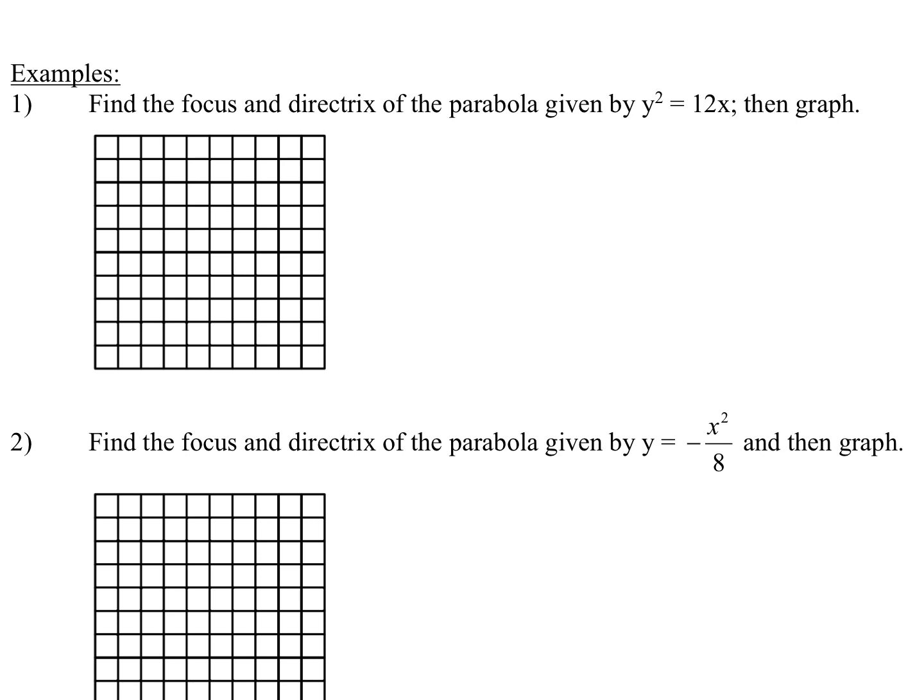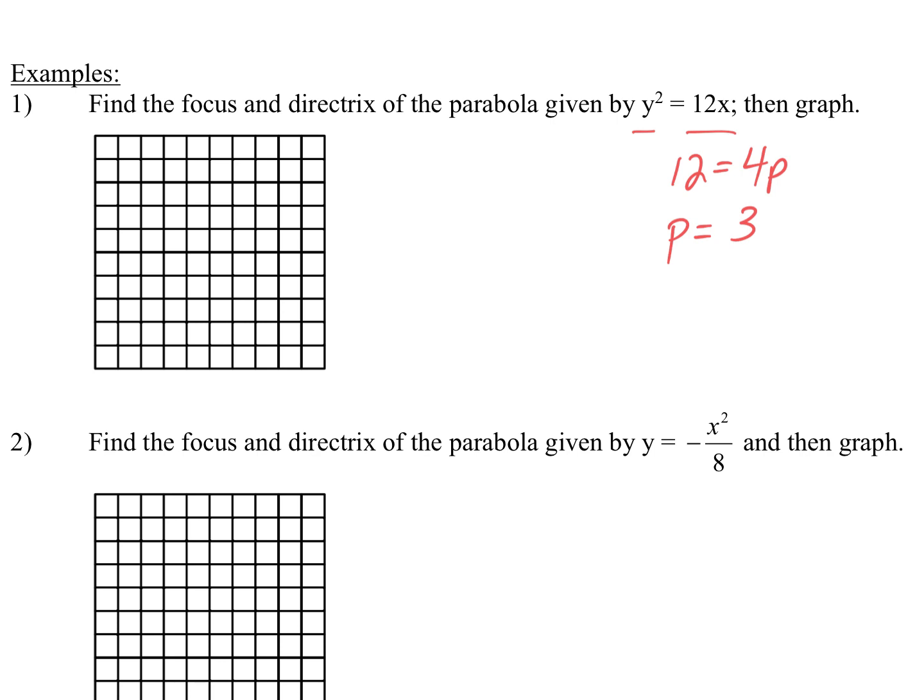What we like about this formula is that we have our y squared by itself, and then we have this 12x on the other side. That 12 we can think of as 4p. In all of our forms, the coefficient attached to the non-squared variable is thought to be 4p. So if we divide both sides by 4, our p value will be 3.